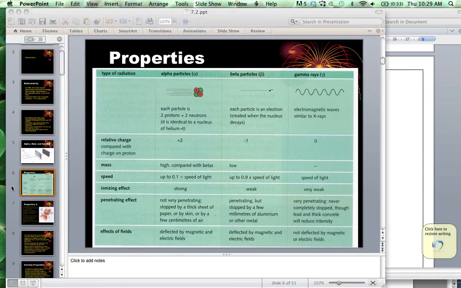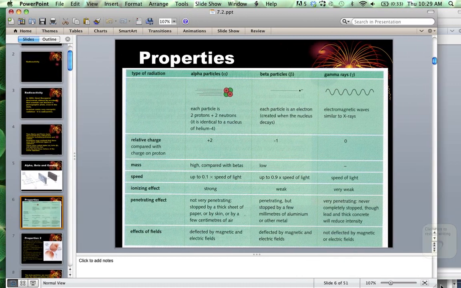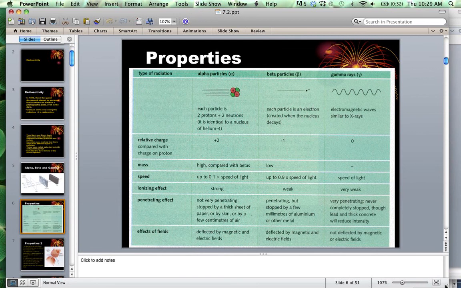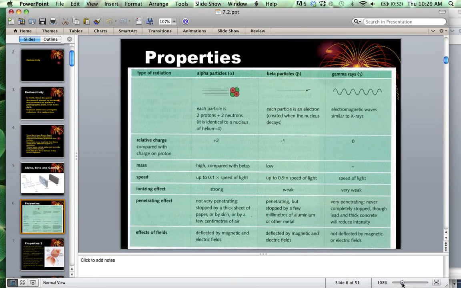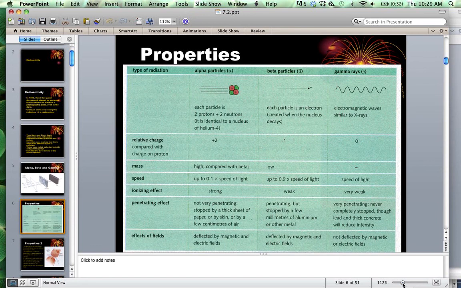Now, I would suggest that you take this table from the PowerPoint and just print it out, and you put it as part of your notes. It's got all the different properties of your three different types.